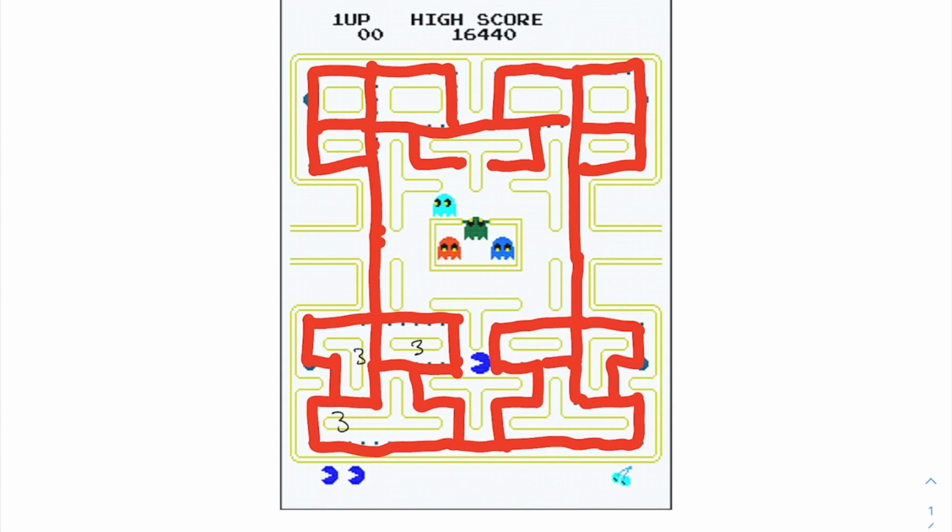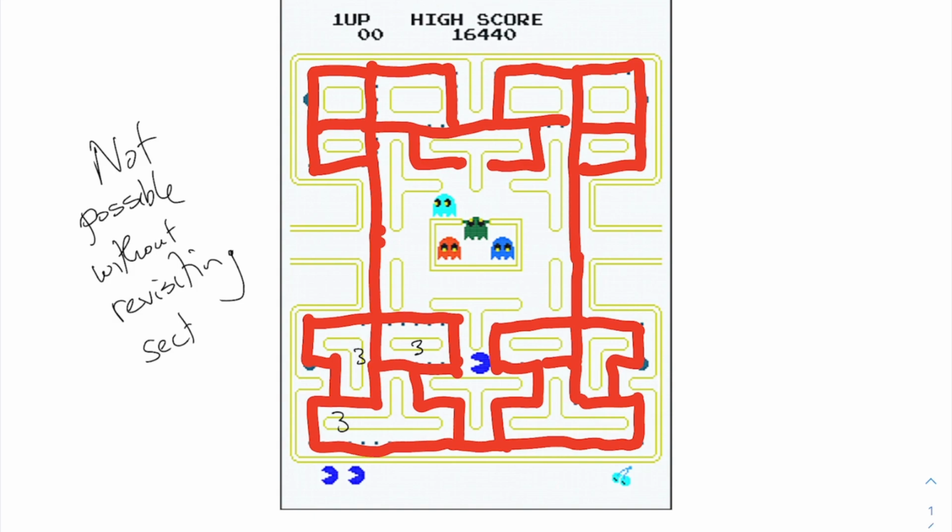It's a more boring game if there was somehow one perfect way that you should always go. That doesn't make for a very interesting game. So I will say not possible without revisiting sections. It's true. All right.